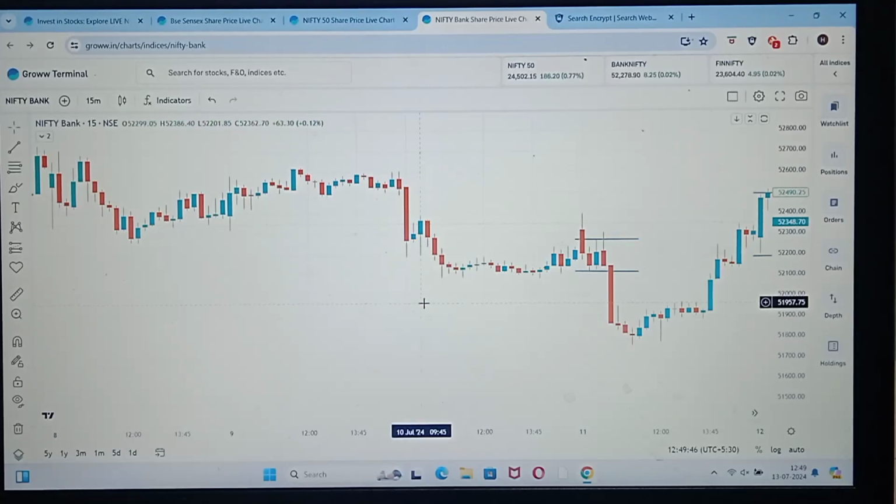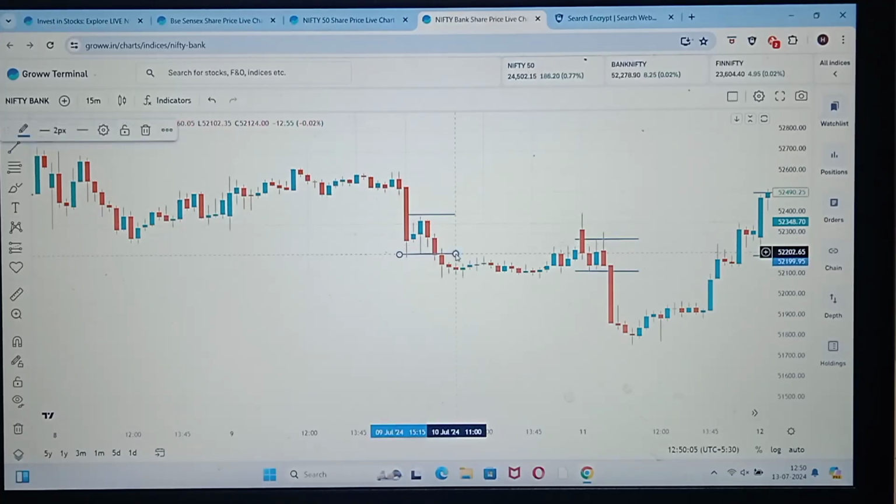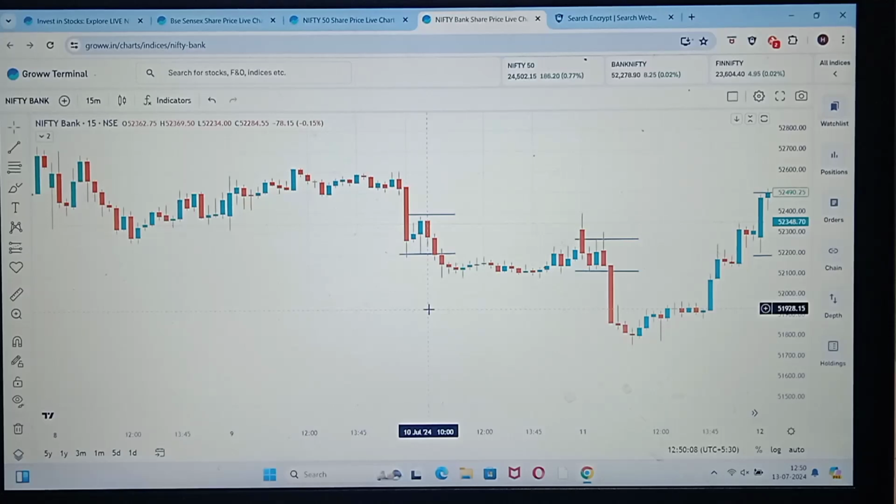Now let's see 10th July. So for 10th July we will mark the high and low of the 9:45 candle. You can clearly see the 10 a.m. candle is an inside candle, 10:15 is also inside, but 10:30 is breaking the low of the 9:45 candle.